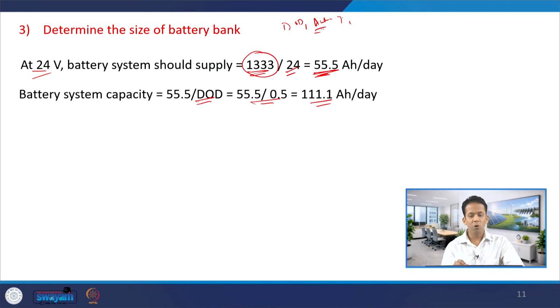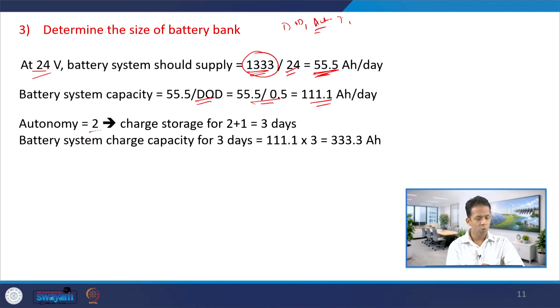If we account for autonomy, which was 2, so charge storage would be for 3 days, because we add 1, that is for the today, to the number of days in the autonomy. So for 3 days, battery system charge capacity would be 111 into 3, 333 ampere hour.